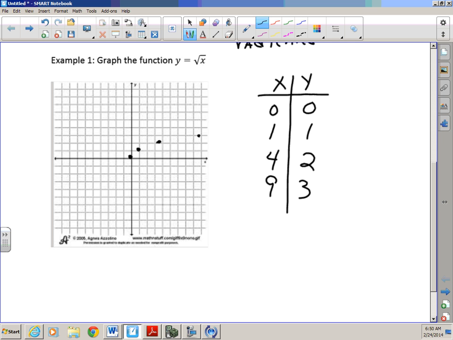And you'll see that it is a curved figure, like so. And we don't put an arrow at the 0, 0 because I cannot go beyond 0 or a value smaller than 0 for my x values. We're going to get to the domain and the range in a couple of minutes.